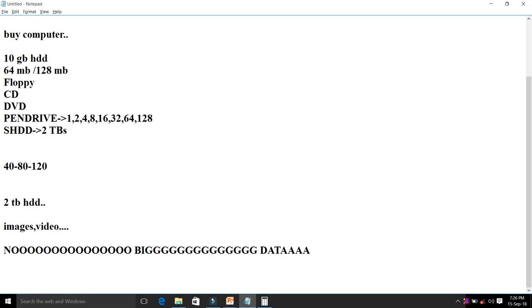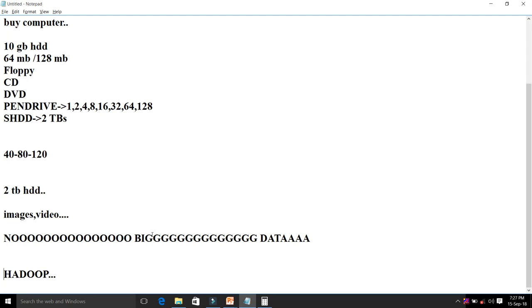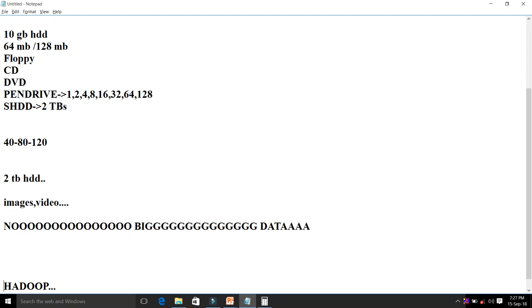This problem is called big data. So big data is nothing but a voluminous data set for storing and processing. Now how does big data solve this problem? Big data is solved by Hadoop. We will discuss later how Hadoop solves this problem of big data, right?